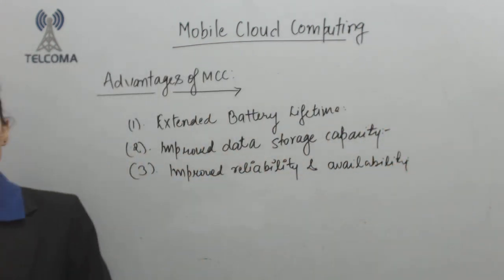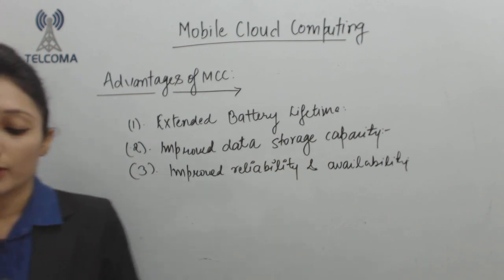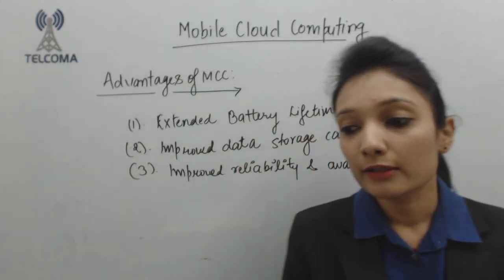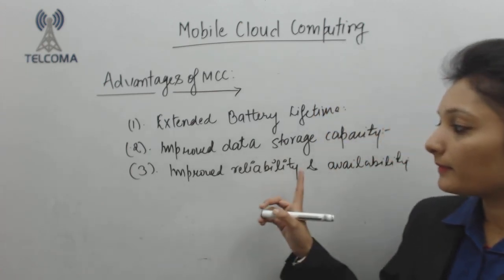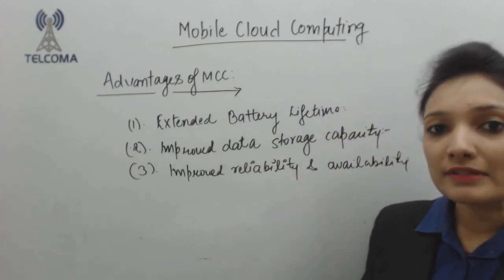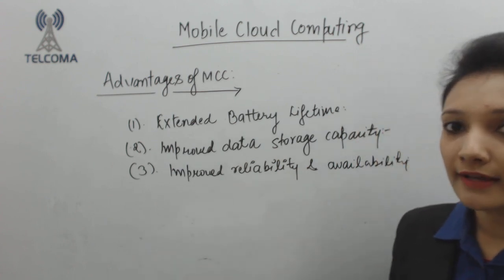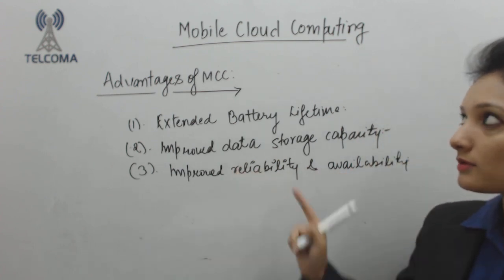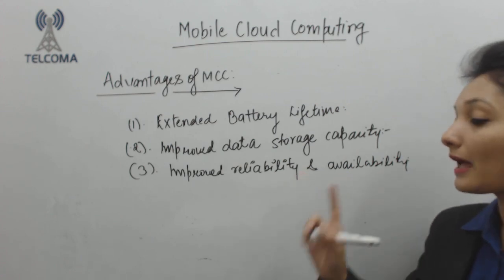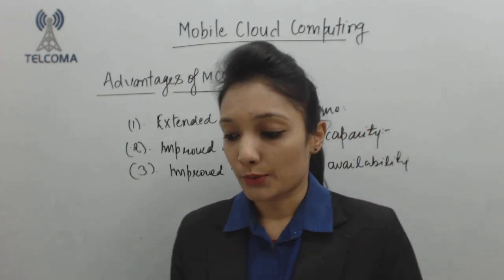Now, keeping data and applications in the cloud reduces the chances of being lost or corrupted on the mobile devices. So that means it is a reliable source and it is always available, because it's not with your device, it can always be accessed from the cloud server. So that makes mobile cloud computing a more reliable and available resource.